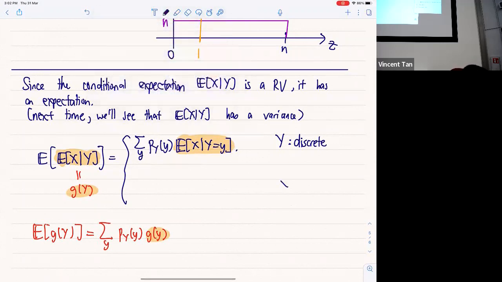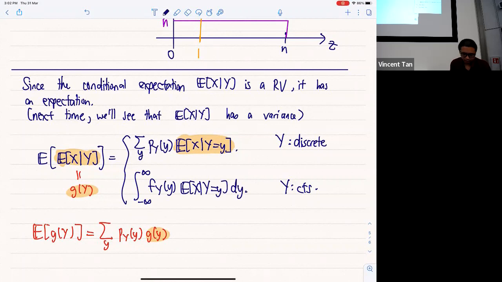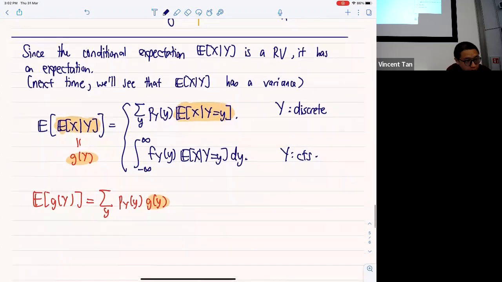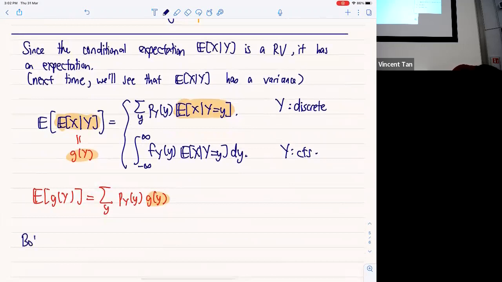Now, in the case when y is continuous, then we will just integrate over the PDF of y the expectation value of x given y equals little y, with a dy. But these quantities here all reduce to the expectation value of x.